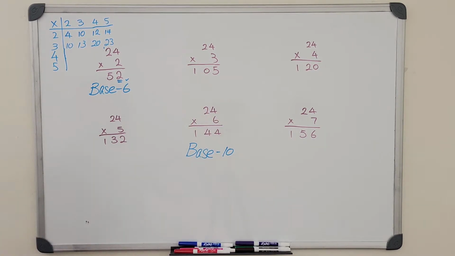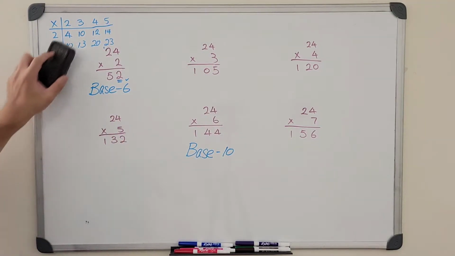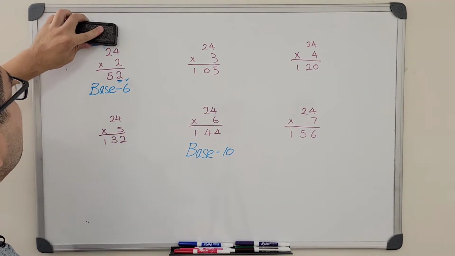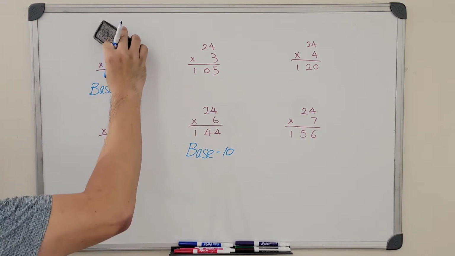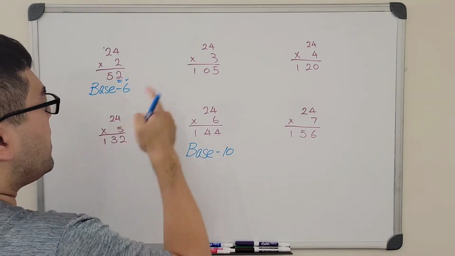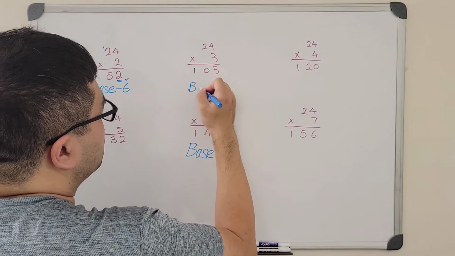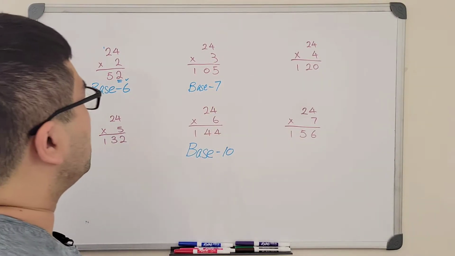Now, for the rest, I am going to show it two ways. First, I'm going to check after we guess. So here, let's take a guess. This is base 7. Now, why would I guess this is base 7?